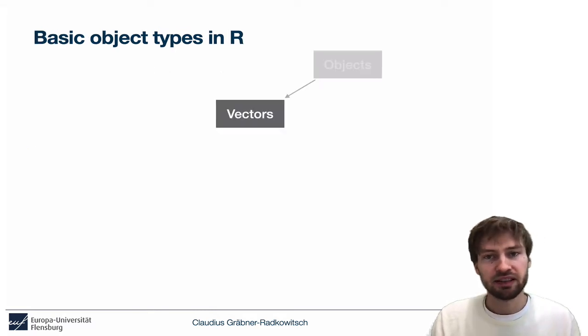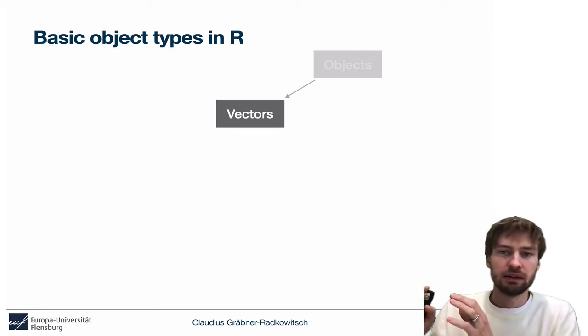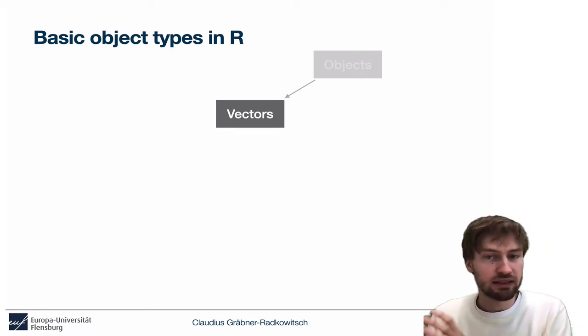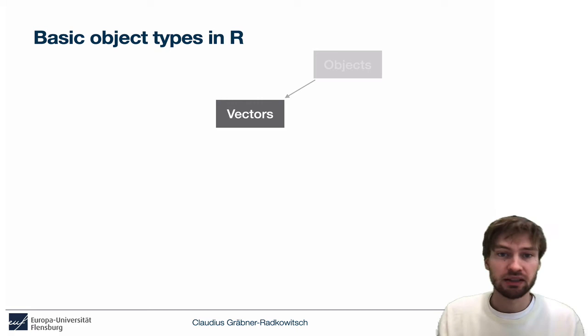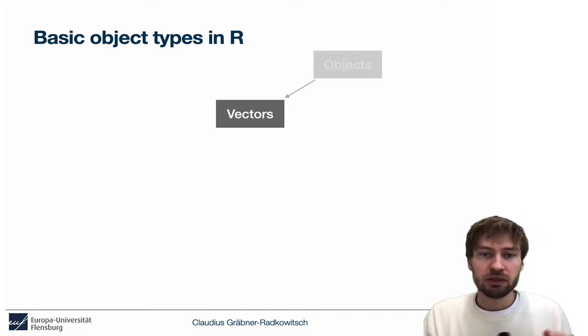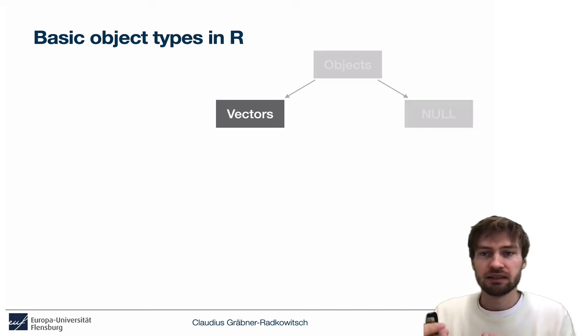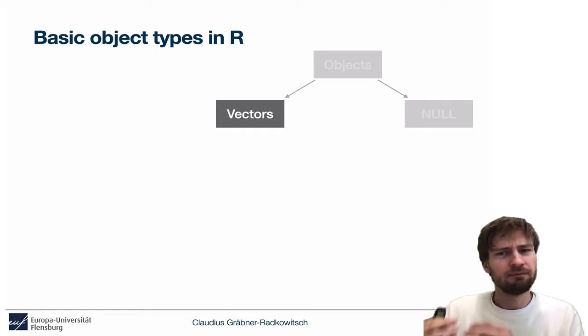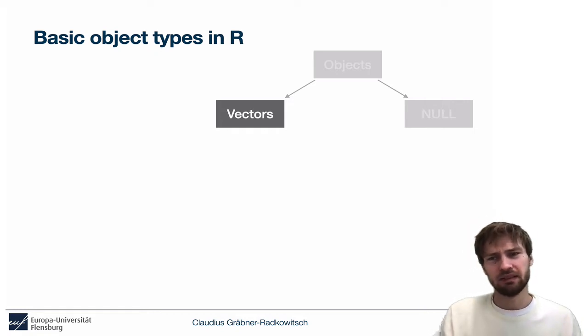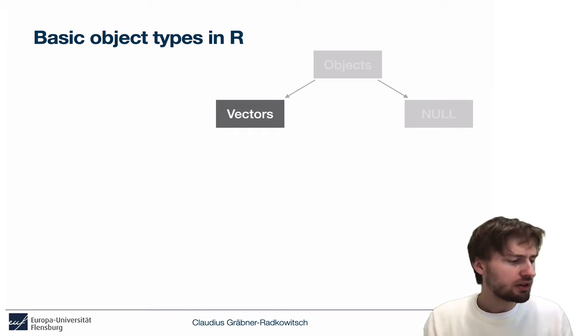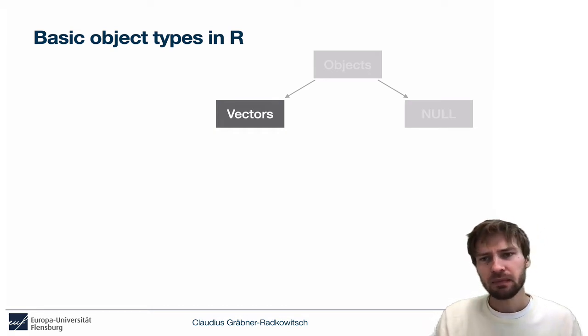So to better understand this, you can think of it that all objects that exist in R, so everything that exists is an object. But we can distinguish here between vectors on the one hand and null on the other hand. But you will already see here that null is a very particular basic object type. So we are not dealing with this in more detail here.